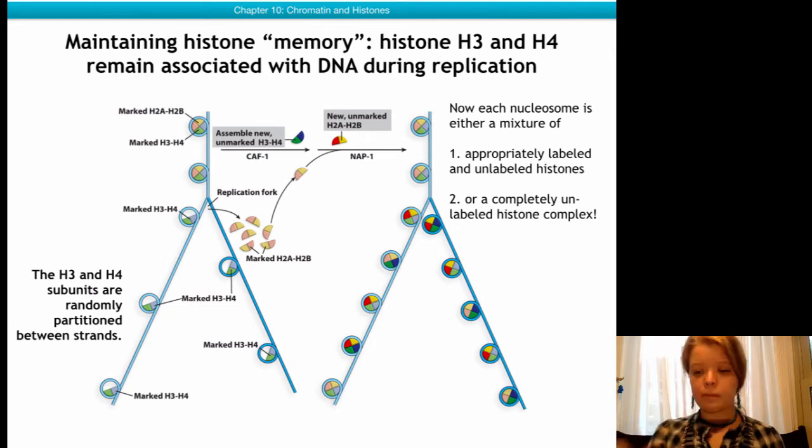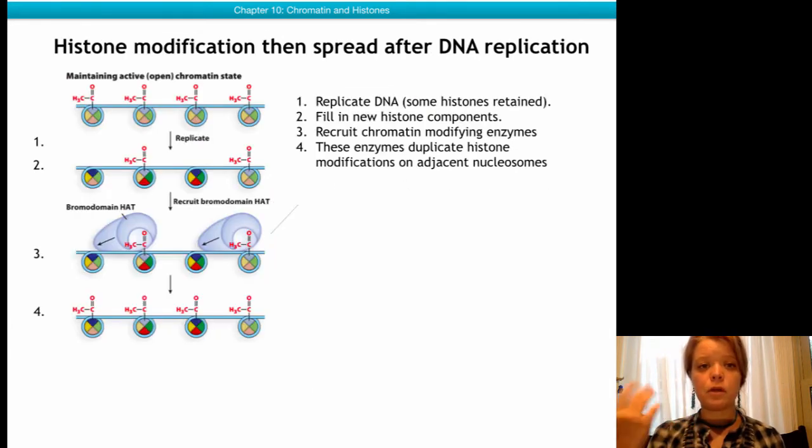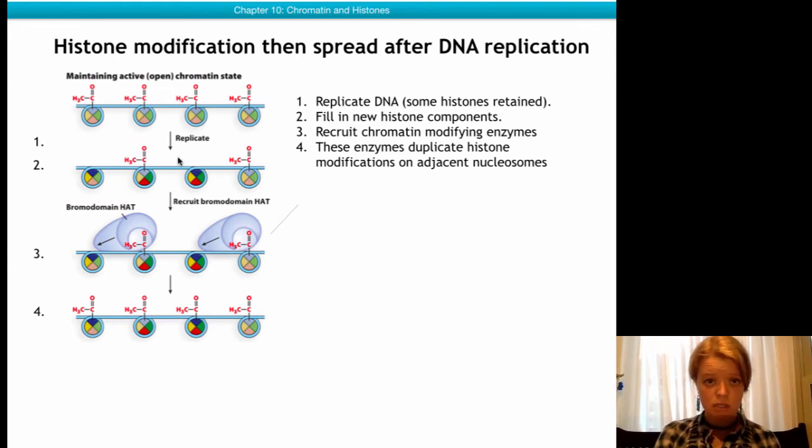Well, as soon as DNA is replicated, another type of histone modification or chromatin modification machinery comes in. And it uses the tags found on some of the histones in the area, such as this acetylation tag on H3, to then put the same kind of tag on the adjacent histone.